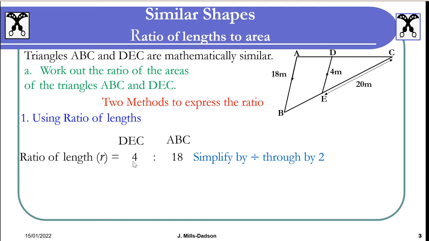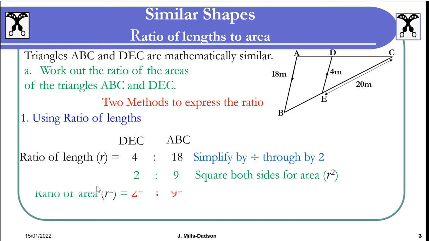So it's 4:18. And I can simplify this by dividing through by 2. So this is what I have for my ratio of length. Because we are talking about area, we need to change the ratio of length into ratio of area by squaring our ratio.